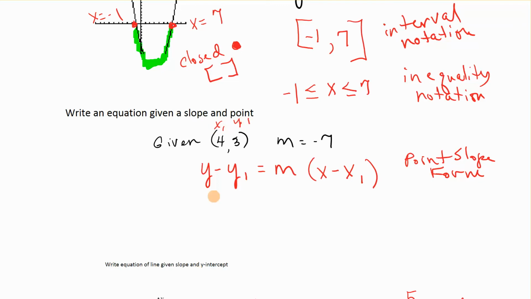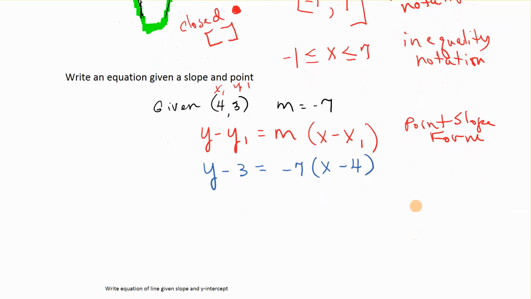So we would get y minus 3 equals -7 times x minus 4. And then we would clean that up a little bit, because you usually want it to be in slope-intercept form. And so we would distribute here. We would add this 3 to the other side. And we would have our equation.